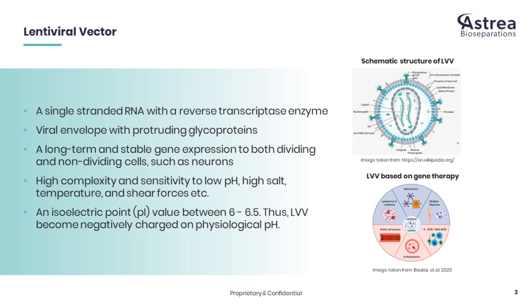These characteristics make bioprocessing of lentiviral vectors very challenging in the field. It has a pI value of 6 to 6.5, so it will become negatively charged at physiological pH. This physicochemical property rationalizes the use of an ion exchanger for their purification.